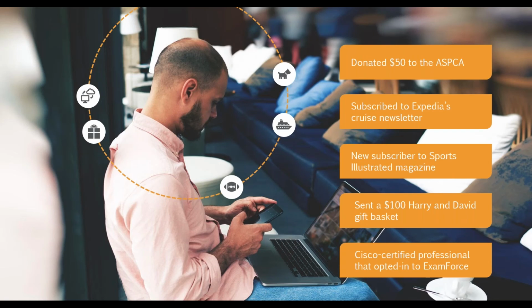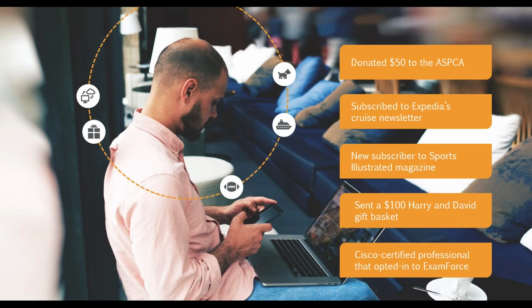We can identify that. So if it's very specific to know, maybe, yes, I like animals, but I want to make sure that I'm hitting an individual that has donated to the ASPCA. So we can get extremely specific on what action they've taken and how they've taken that action.